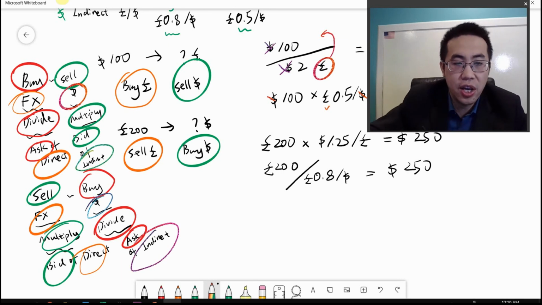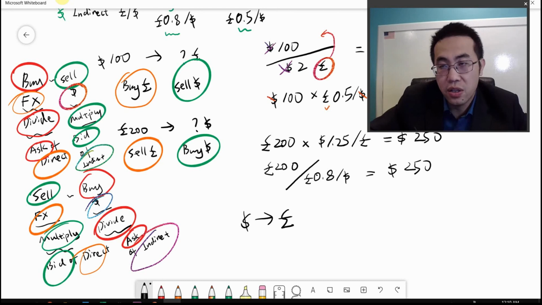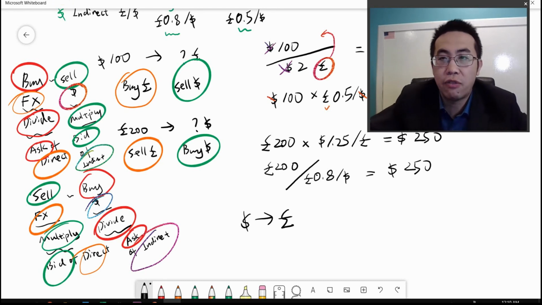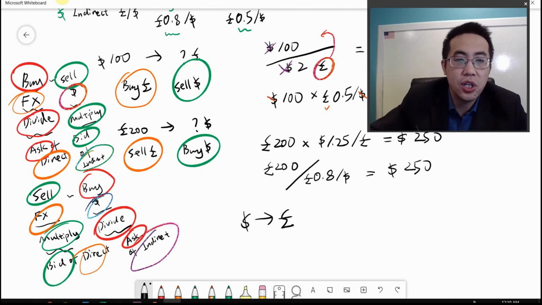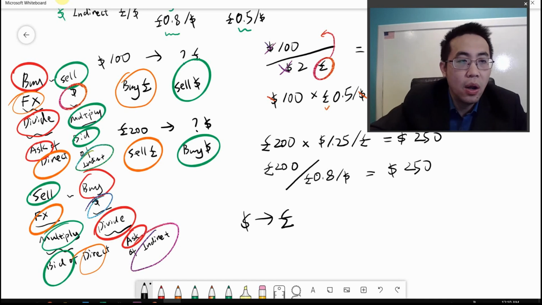For the same exchange from a dollar to pound, you can see this is about selling dollar. It's also about buying pound. So you can pick the method that comforts you. You can either say I'm selling US dollars, so I will multiply the bid of an indirect. You can also say I'm buying pound, so I will divide the ask of a direct.